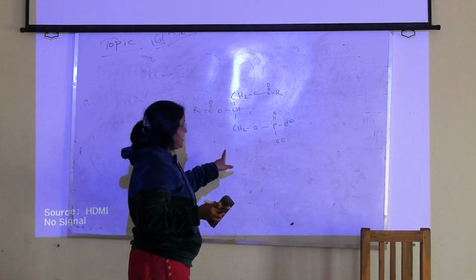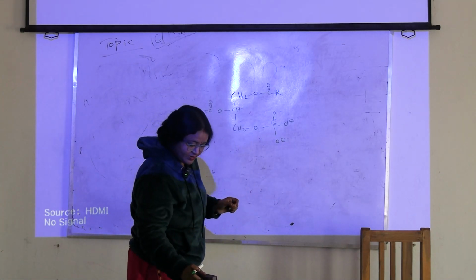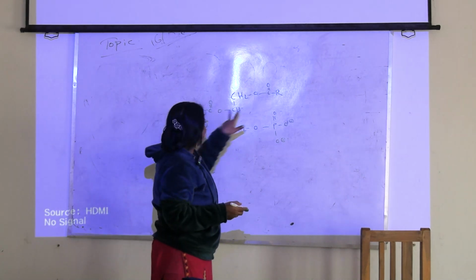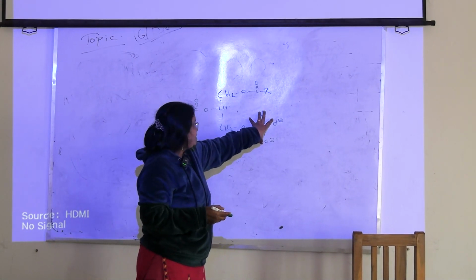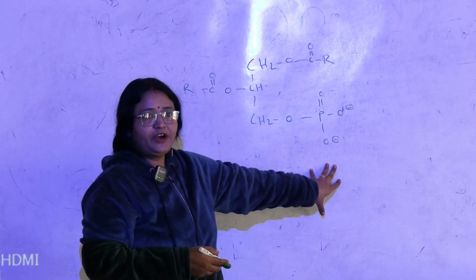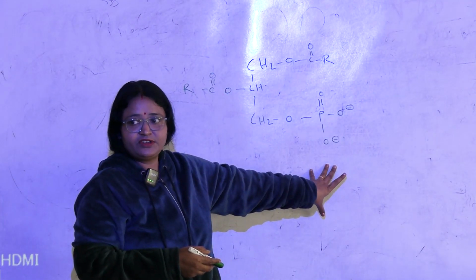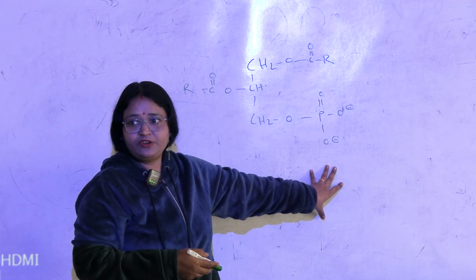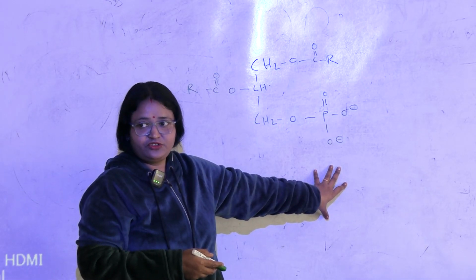So this is the simplest phospholipid, phosphatidic acid. Glycerol, I added fatty acid, and then the phosphoric acid residue, but there is no nitrogen or any other group here. This is the first one; everyone will be drawing this. Did you draw? Yeah, draw.